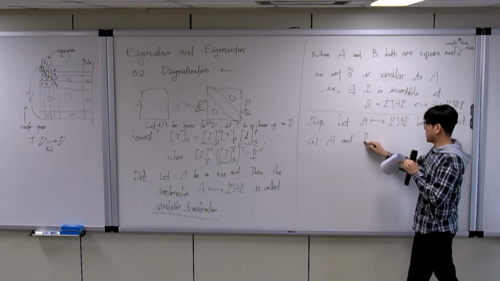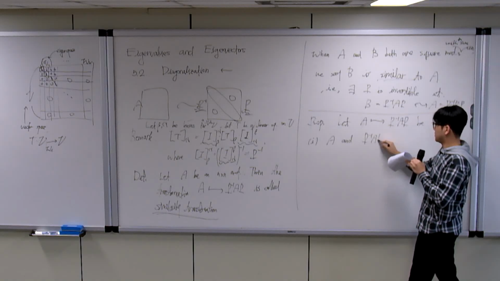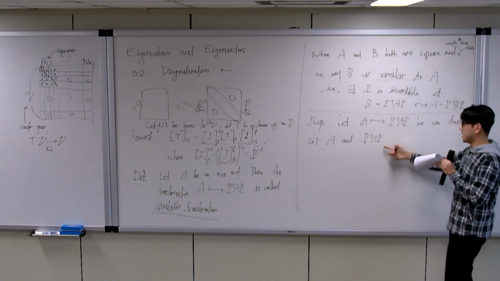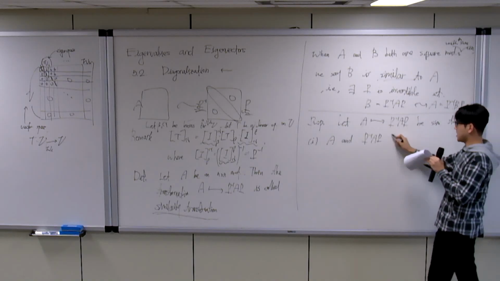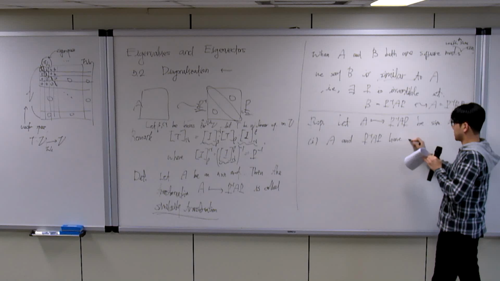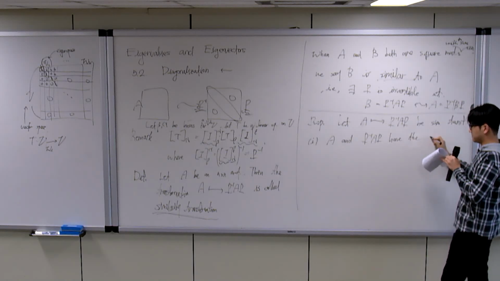Actually, if they have the same rank, then they will have the same nullity as well, from the fundamental theorem of linear algebra. That is the first property, and they also have the same value of trace.